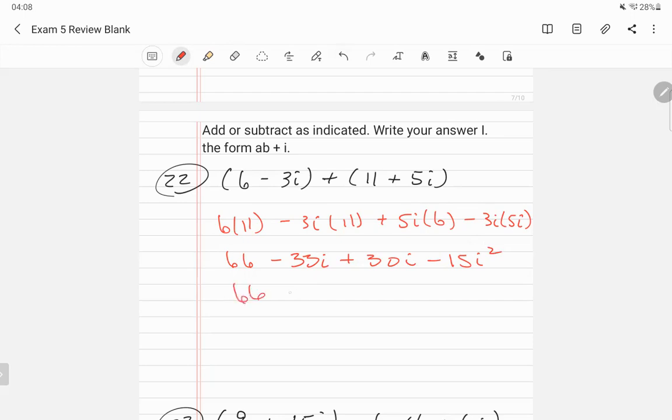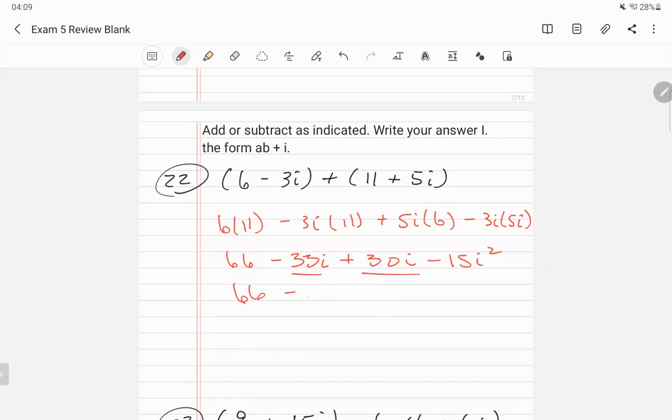So that gives me 66 plus minus. All right, let's just combine these parts first.